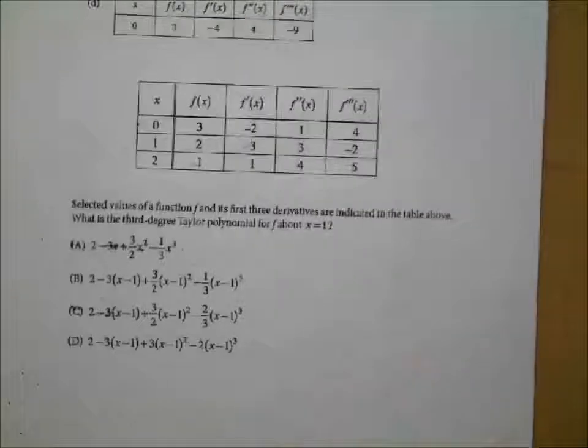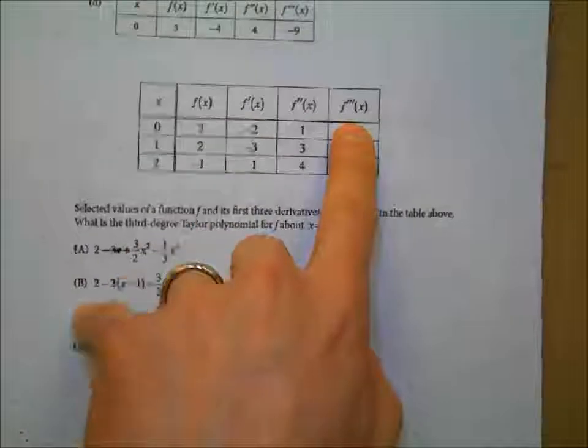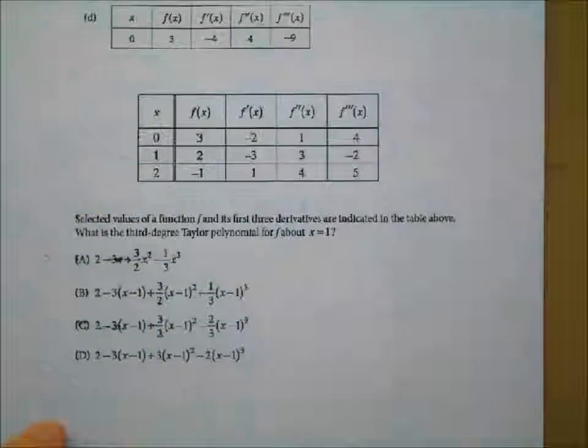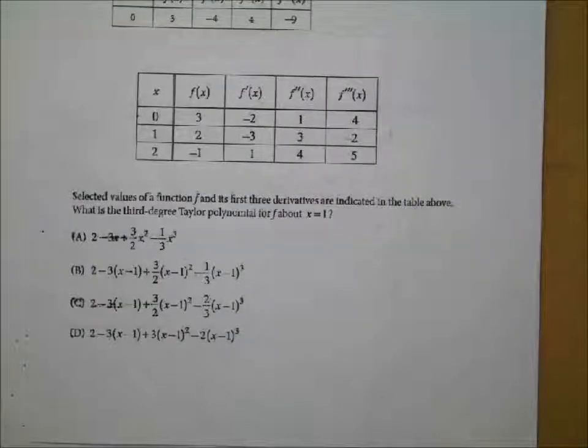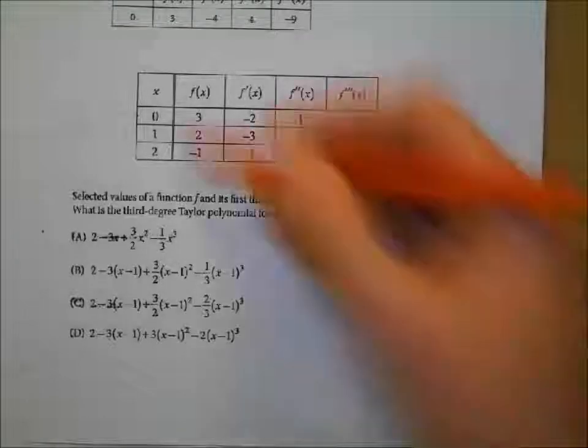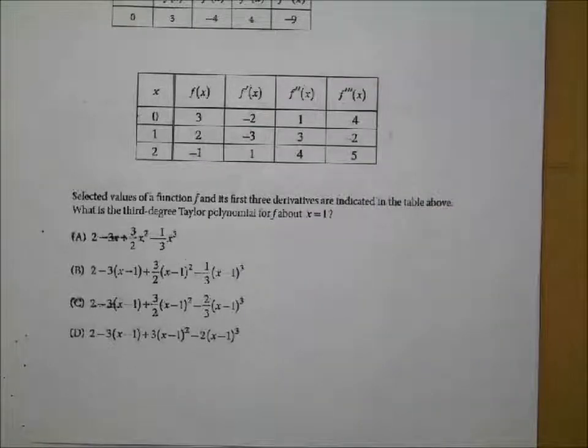And then the second one, it's still number 7 I guess. Similar kind of situation, you're given selected values of a function and its first 3 derivatives: f prime, f double prime, f triple prime at 0, 1, and 2. And then, what is the 3rd degree Taylor polynomial for f about x equals 1? I'll help you with this table too. If we're trying to center our Taylor polynomial about x equals 1, do we need this entire table?